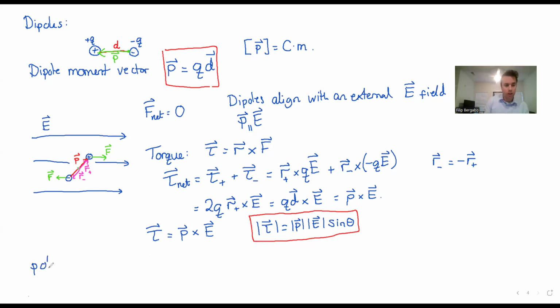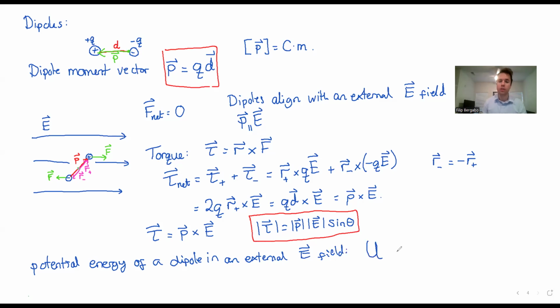So, potential energy of a dipole in an external field, and we use the symbol U for potential energy.